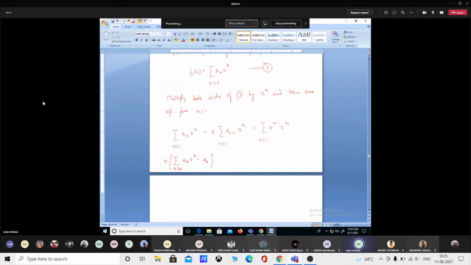I am including one more term, so we subtract the first term here. This becomes the generating function, minus. Next step is to match n minus 1 with n minus 1. So put p equal to n minus 1, so that p goes to 0.